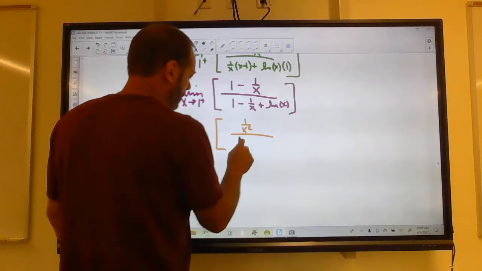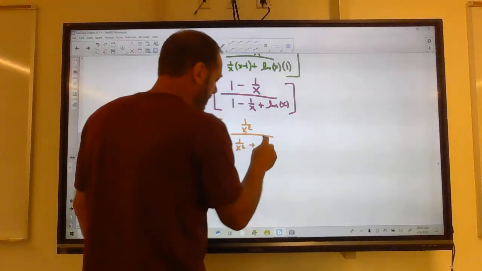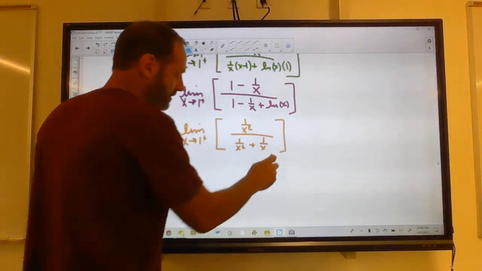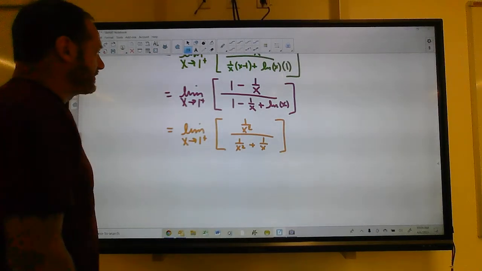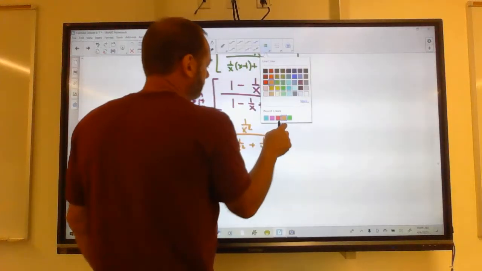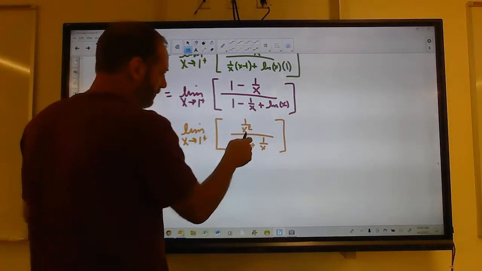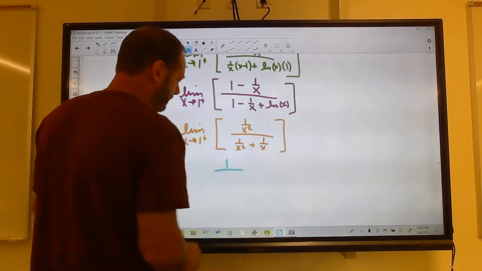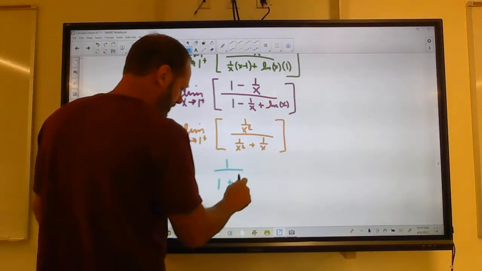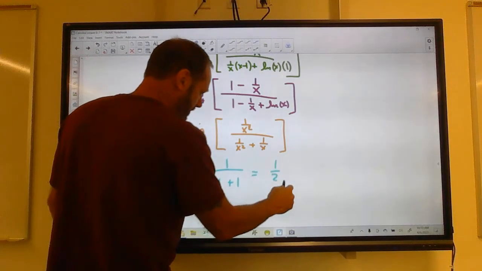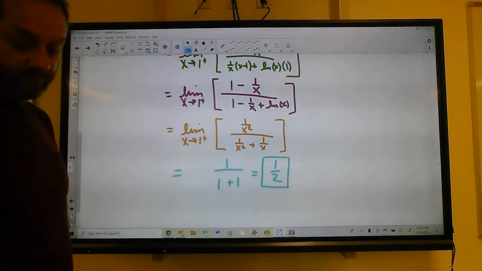That's 1 over x squared plus 1 over x. Okay, now what happens if I plug in 1 here? All right, if I plug in 1 at the top, I get 1 here, and I get 1 here. Hey, that's 1 over 2. There's my limit, 1/2.